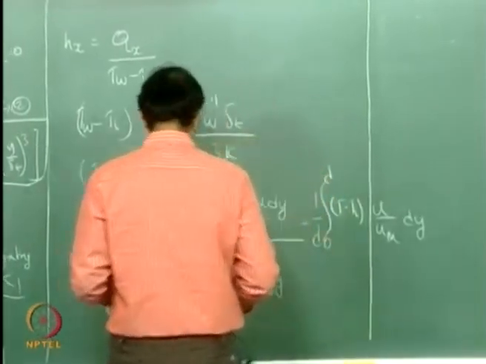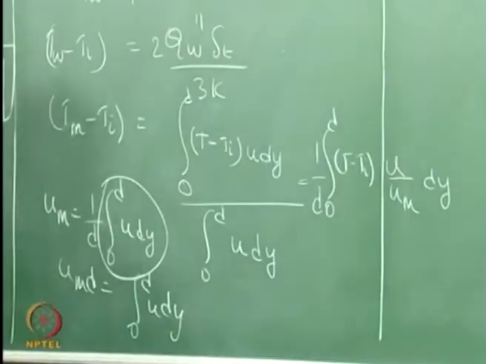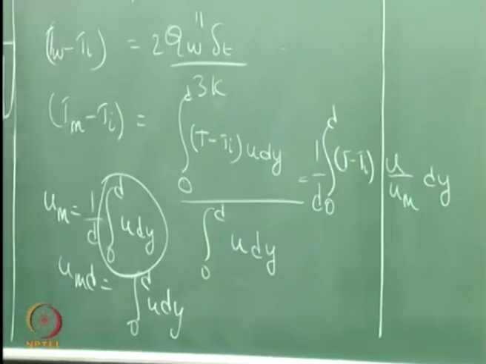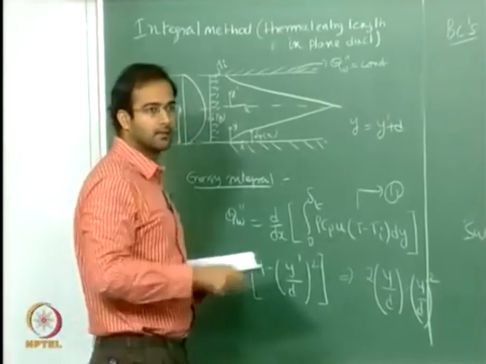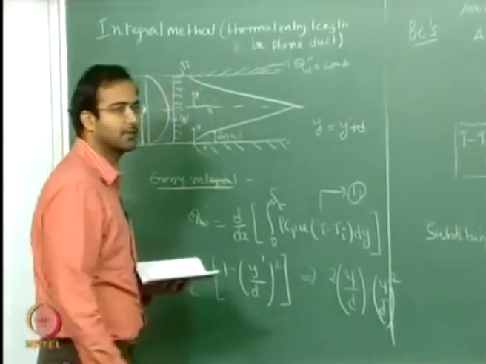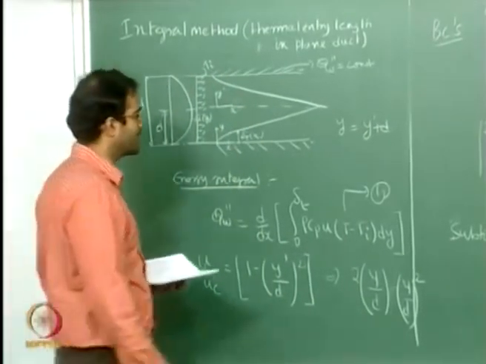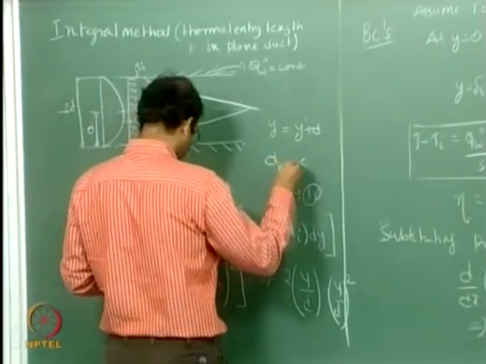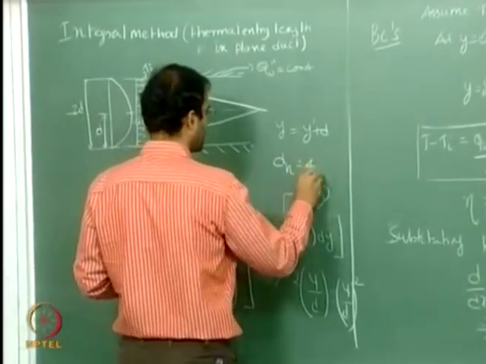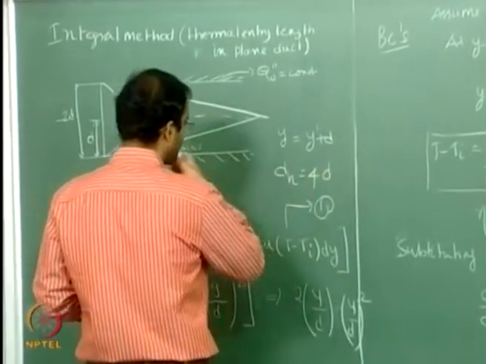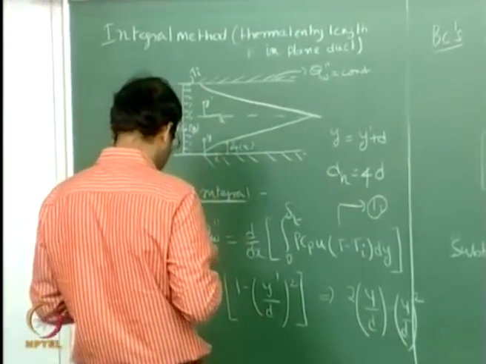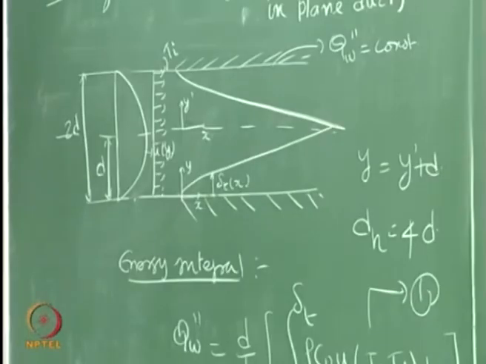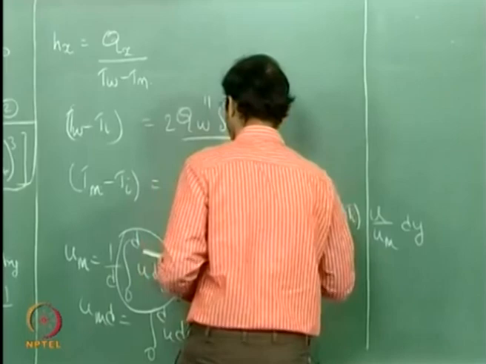Okay, so now I can also express the relationship between d and the hydraulic diameter. The hydraulic diameter for the case of plain duct, we have seen that this is basically 4 times d, so therefore we can replace d by dh by 4. Okay, so this will be dh by 4.